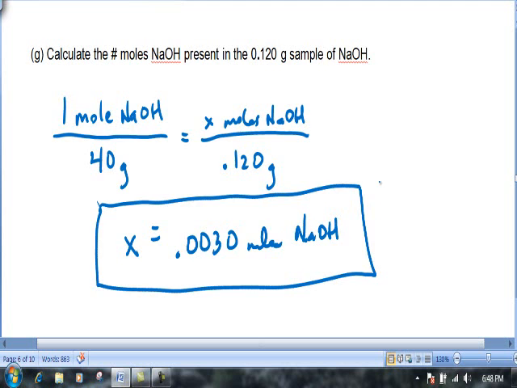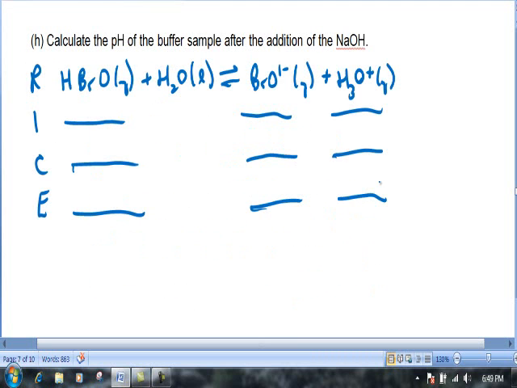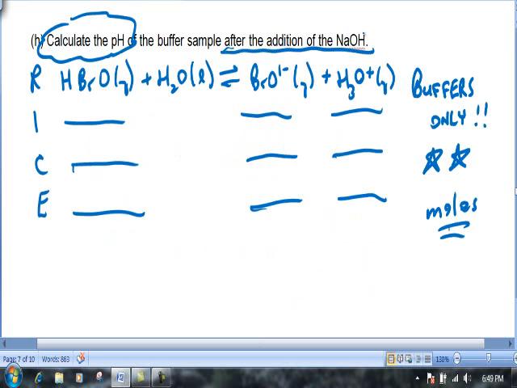The next question wants us now to calculate the pH of the buffer solution after we've added the sodium hydroxide. Now, once again, for a buffer system, we can use moles when we use our RICE strategy.